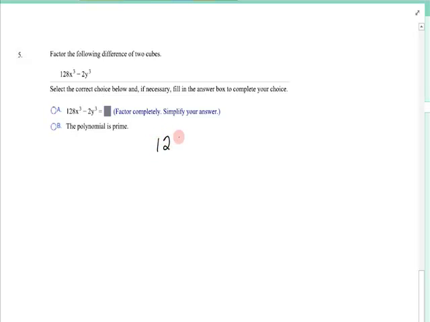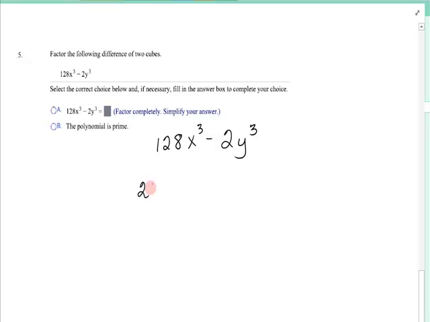Last example, I have 128x cubed minus 2y cubed. And I look at that and I do not recognize 128 or 2 as being in my cube list, but look, there's a common factor.